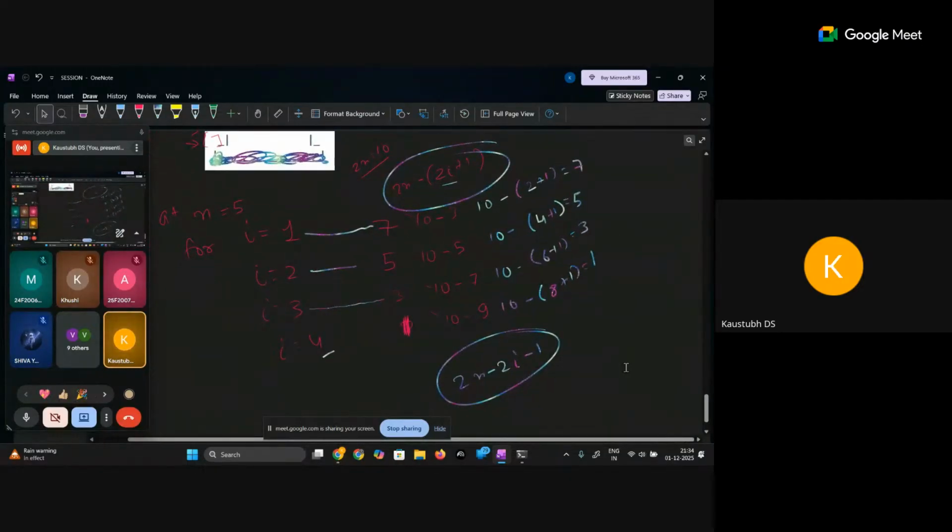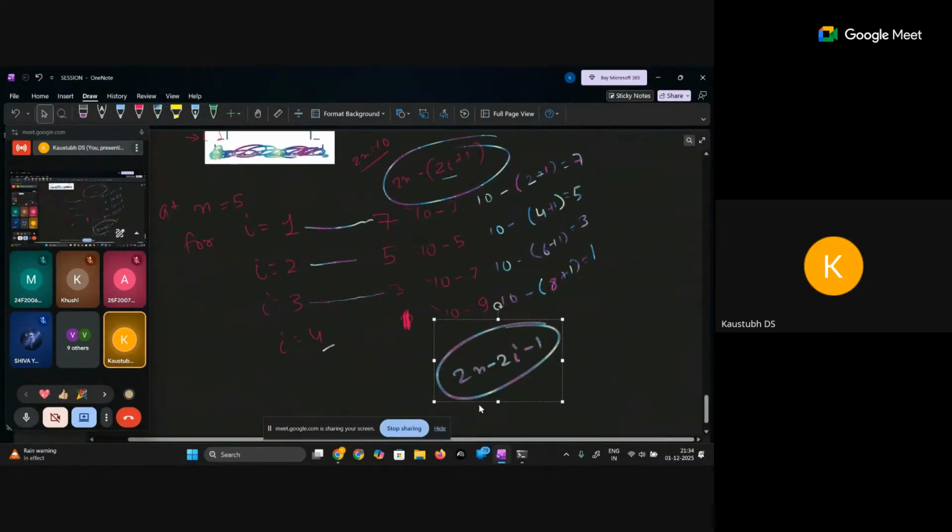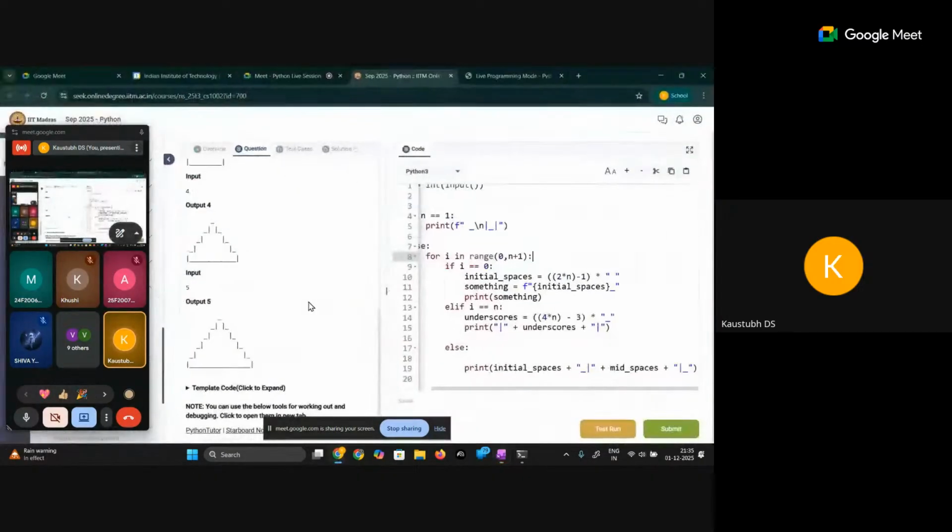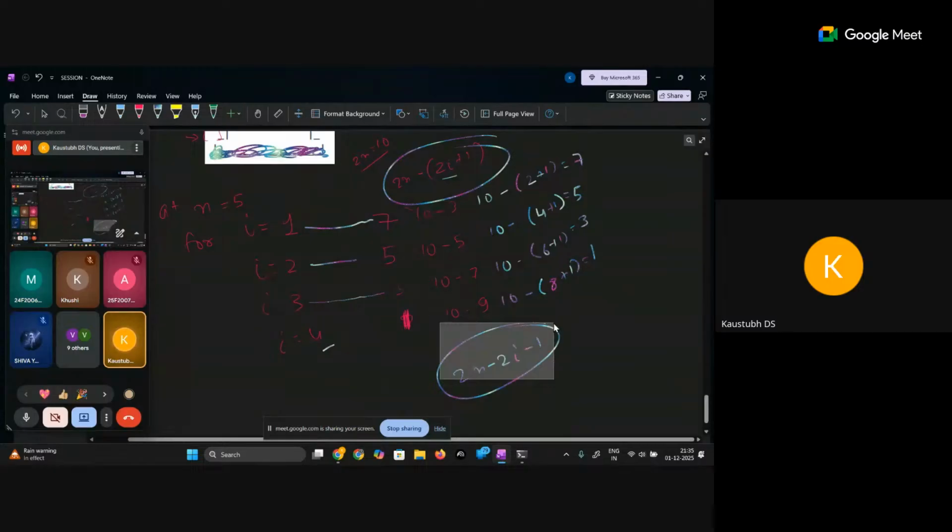So okay, we have figured this out. So let's get back to the question right now. We found out that the number of initial spaces is 2n minus 2i minus 1.